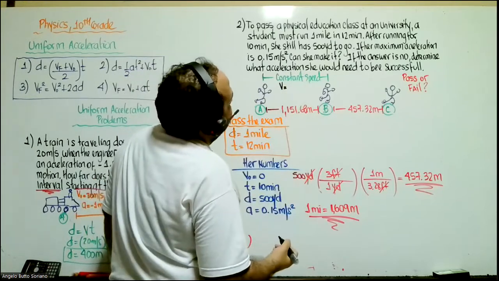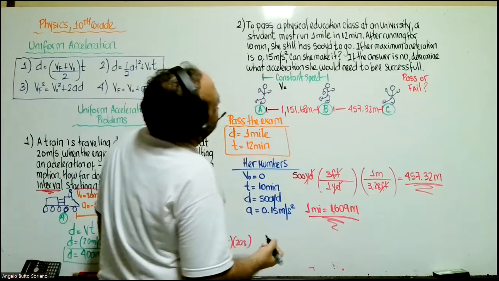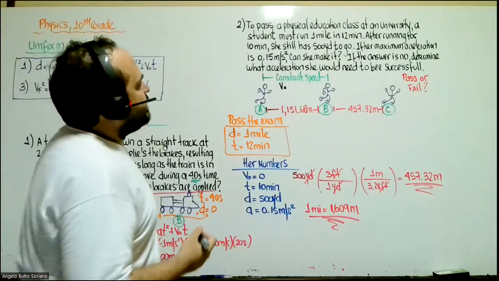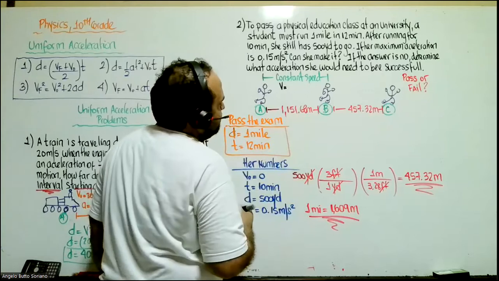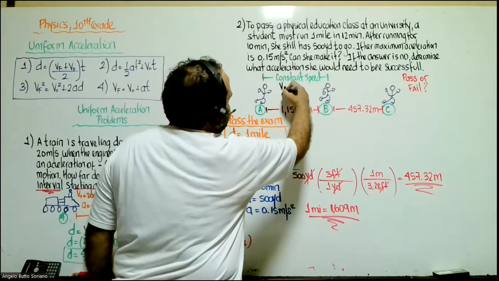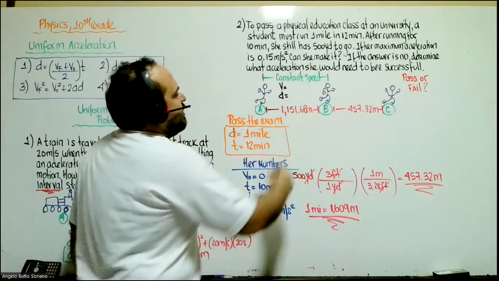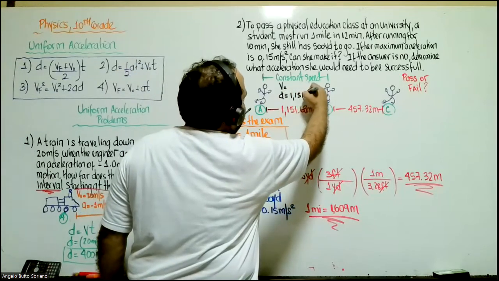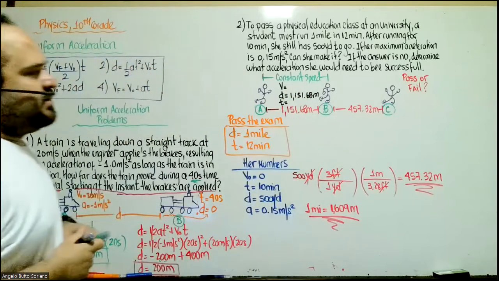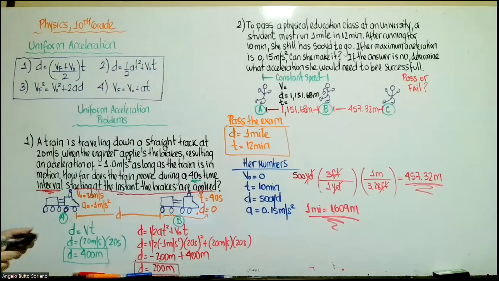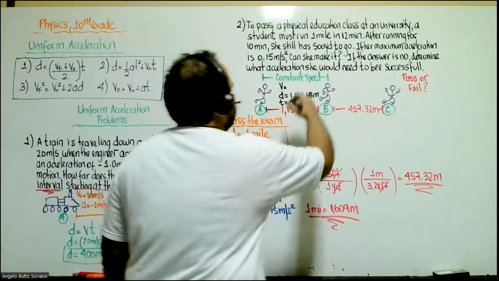Actually, she starts from rest, but we don't know what velocity she reaches from point A to point B. But we know the distance, 1,151.68 meters, and the period of time, 10 minutes, because the problem says after the first 10 minutes. One minute has 60 seconds, so 10 times 60 is 600 seconds.